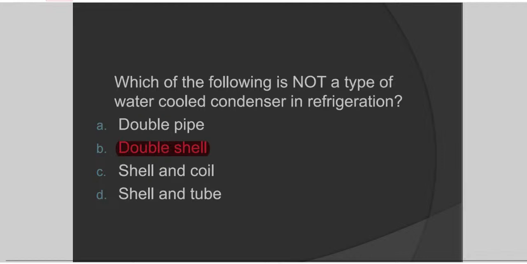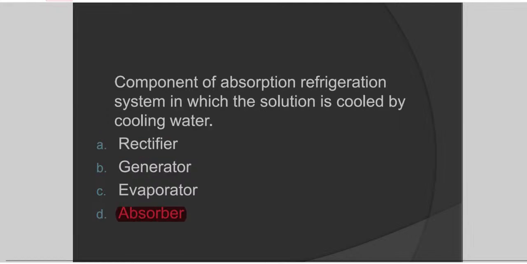Which of the following is not a type of water-cooled condenser in refrigeration? A. Double pipe, B. Double shell, C. Shell and coil, D. Shell and tube. Component of absorption refrigeration system in which the solution is cooled by cooling water. A. Rectifier. B. Generator.